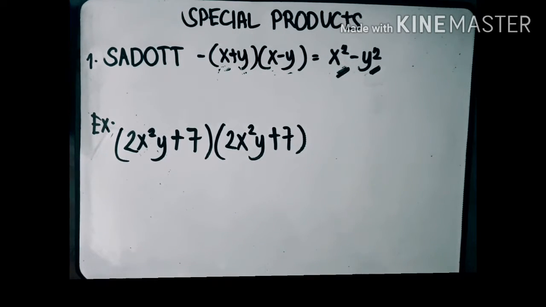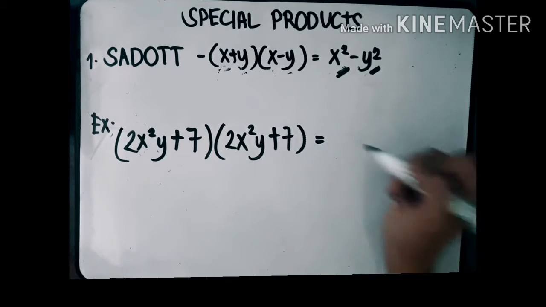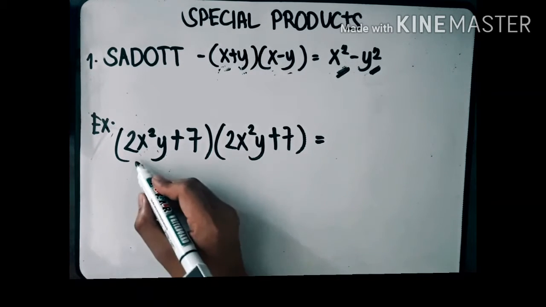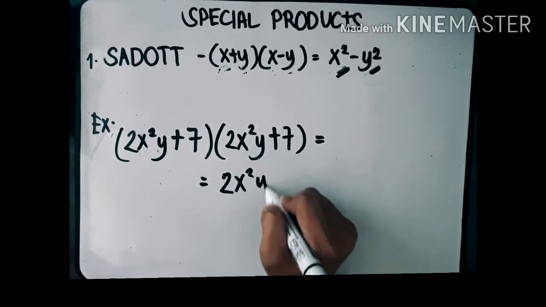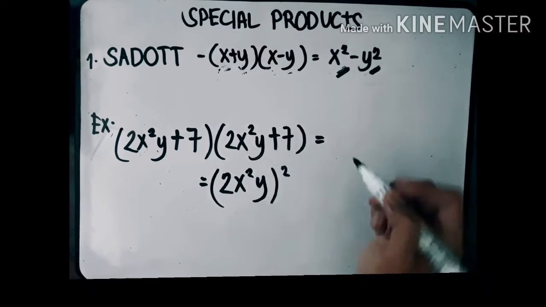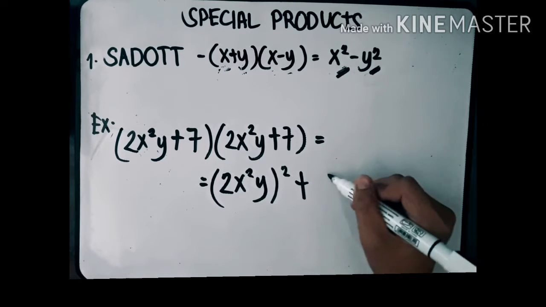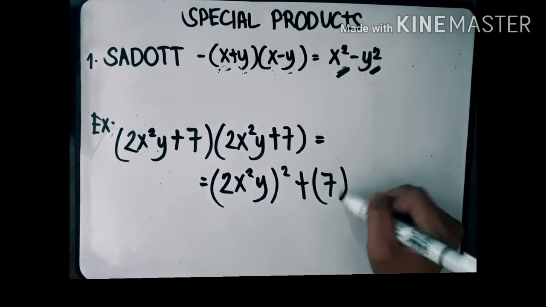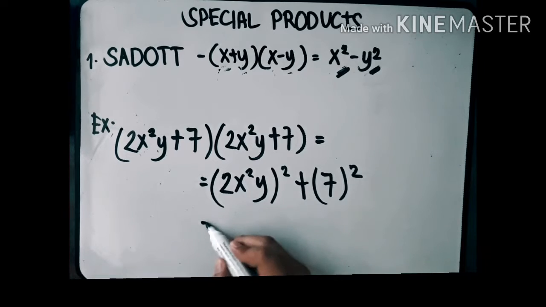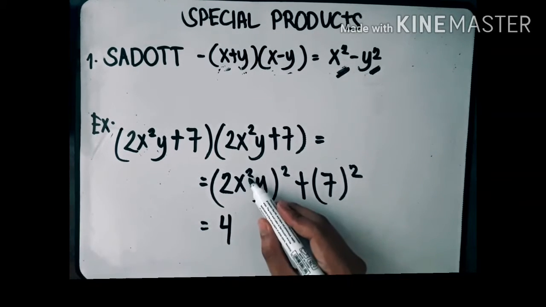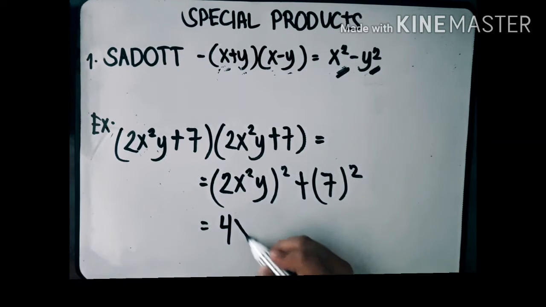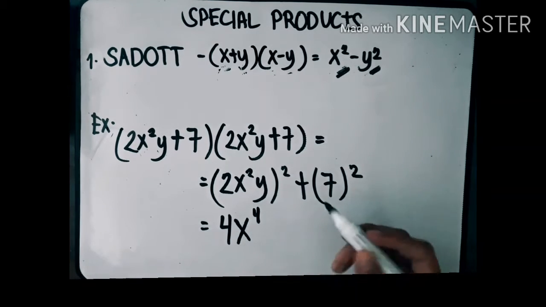Next is 2x squared y plus 7 multiplied by 2x squared y plus 7. Square natin yung first term, which is 2x squared y plus the square of the second term, which is 7. 2 squared is 4. X squared raised to 2 is x raised to 4.